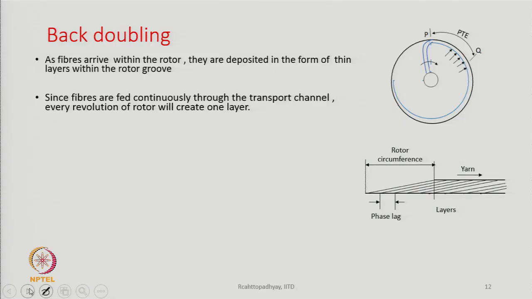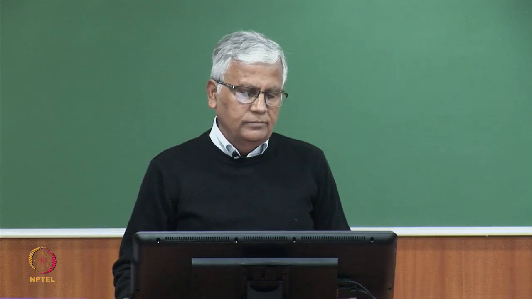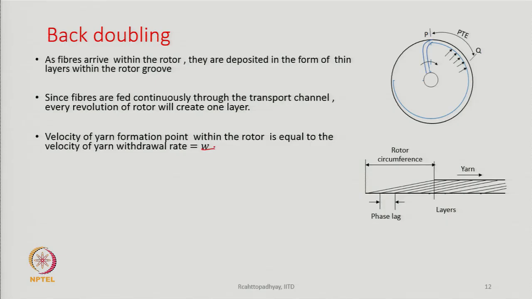So, more doubling, better it is always. So, since the fibers are fed continuously through the transport channel, every revolution of the rotor will create one layer. Velocity of the yarn formation point within the rotor is equal to velocity of the yarn withdrawal, that is W.